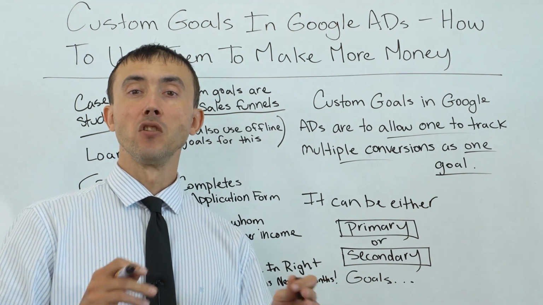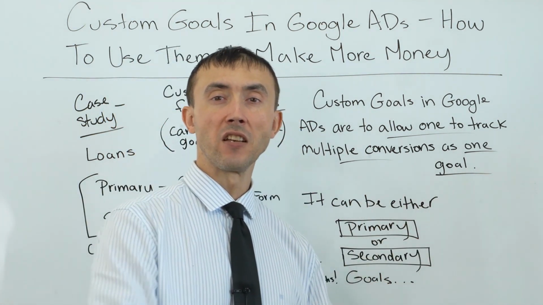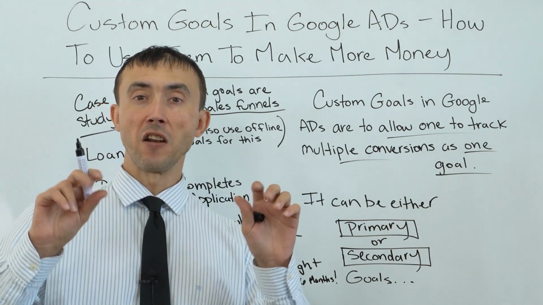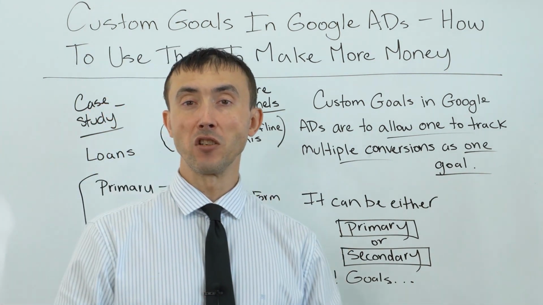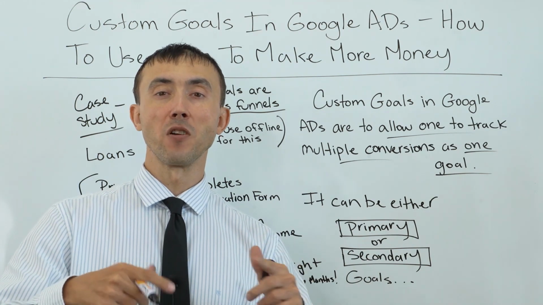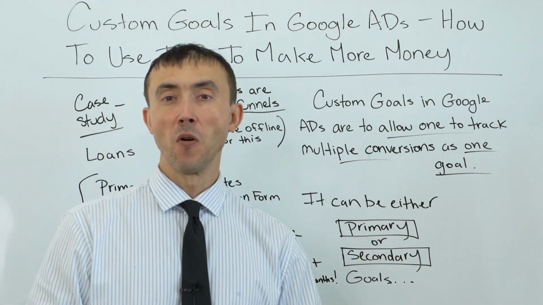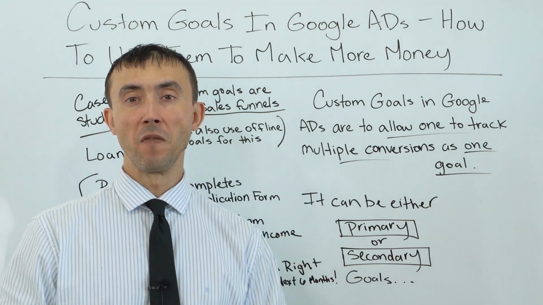You could set up a custom goal and say, hey, Google, they need to do both of these things in order to be considered a conversion. And so what you're doing is creating a new conversion goal, which is a combination of other conversion goals you already have. In this case, form fill goal plus phone call goal. And it must be both, if you will.